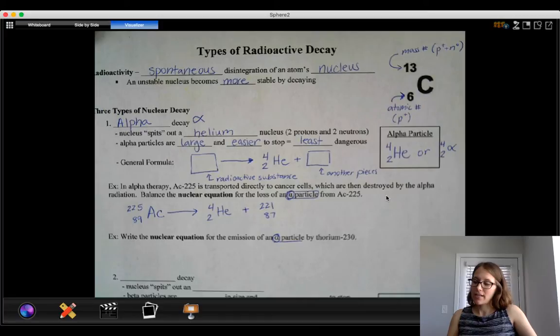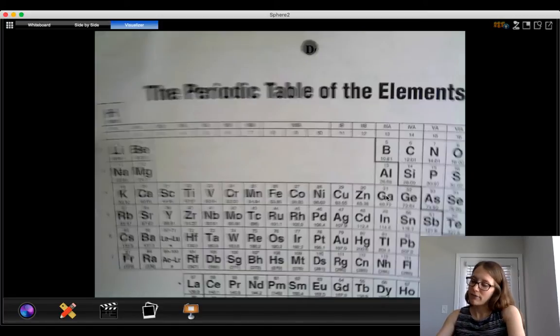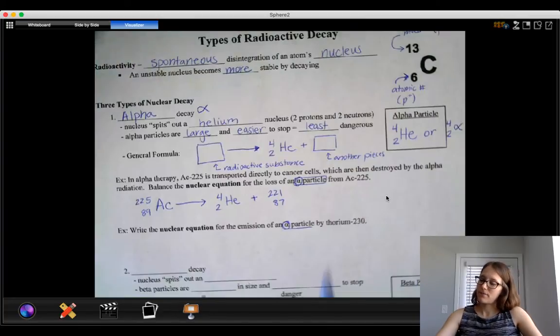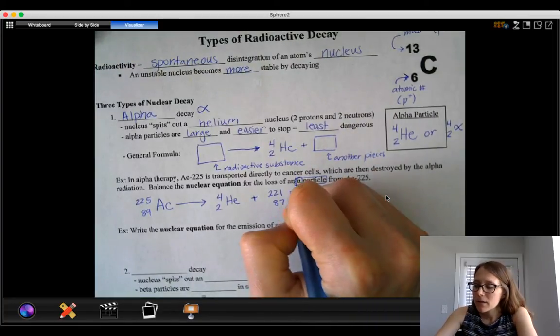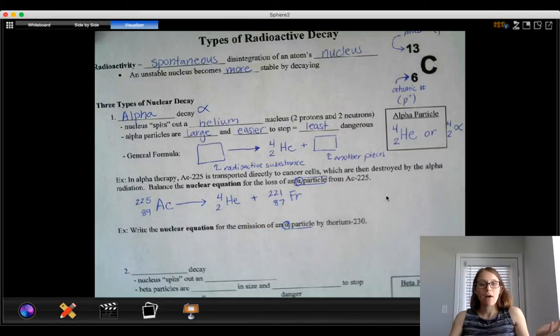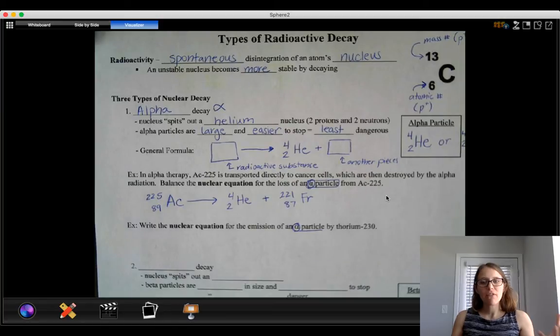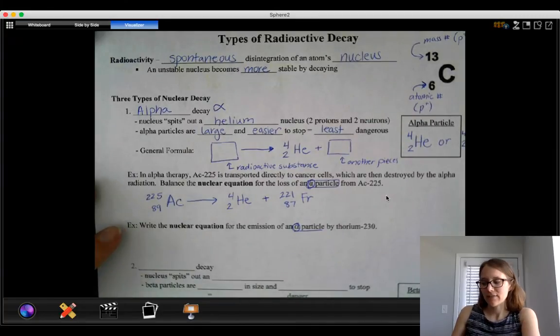So I'm going to find the element that has 87 for its atomic number, and that is Fr, which is francium. So francium is what we have now. When actinium goes through radioactive decay, it spits out a chunk of itself, and then what's left becomes francium. So it's actually converting from one element into another through radioactive decay.